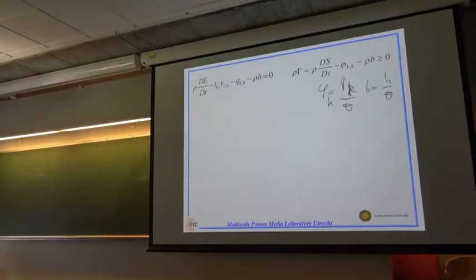So you get rho dE dt plus minus T_KL V_KL, minus Q_KK minus rho H. Let's just do that.